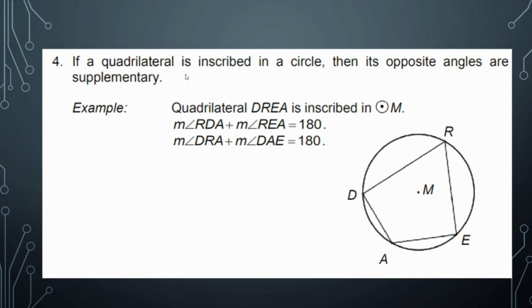So, if a quadrilateral is inscribed in a circle, then its opposite angles are supplementary. So, we have a quadrilateral DREA inscribed in circle M. Therefore, the measure of angle RDA plus the measure of angle REA is equal to 180.